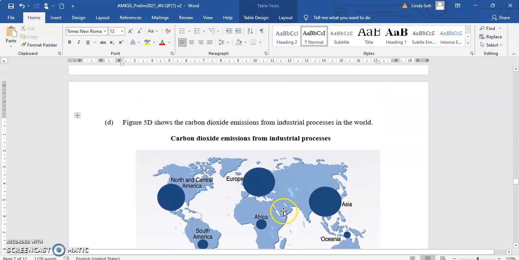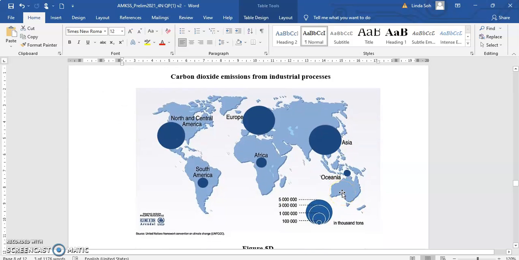Why can we not say heavily industrial places? Because it is carbon dioxide emissions from industrial processes. That is why we cannot say they are from the countries that are heavily industrialized, because that is quite obvious, right? So another pattern that you can see is they are all in the northern hemisphere.